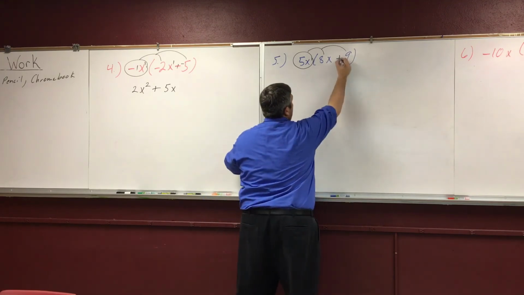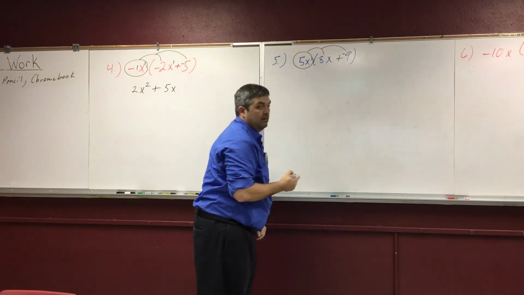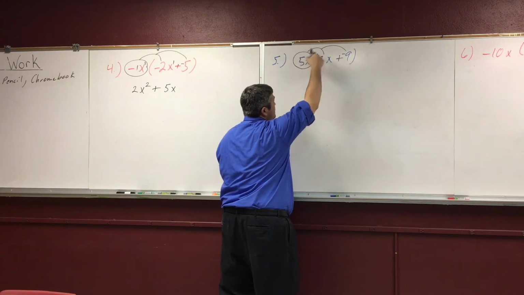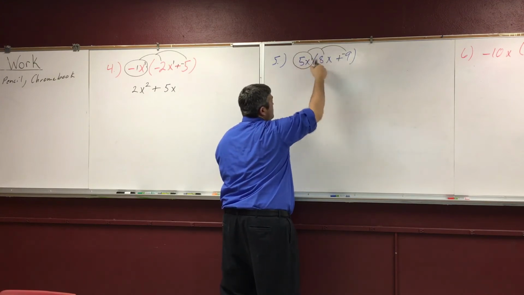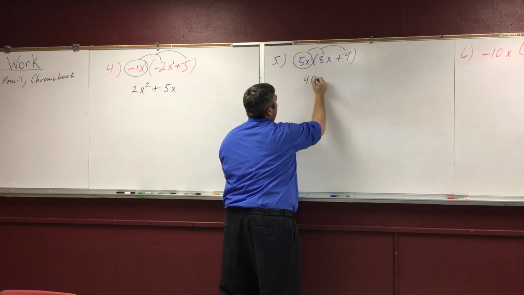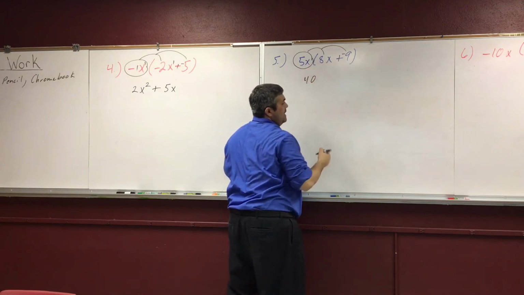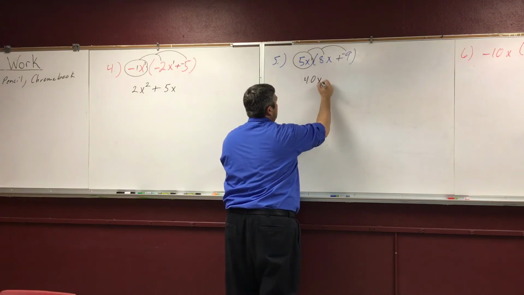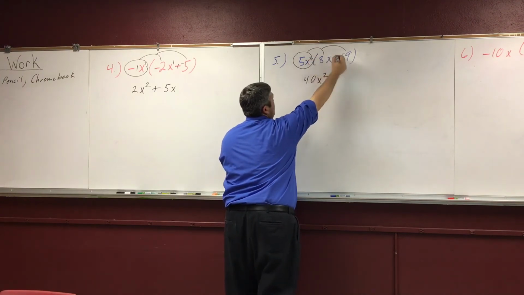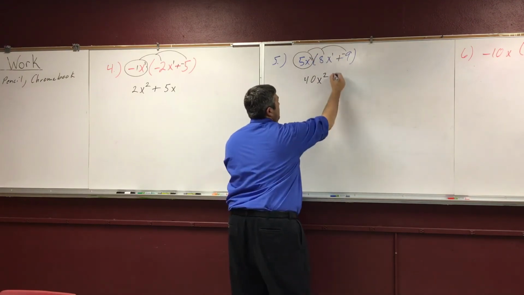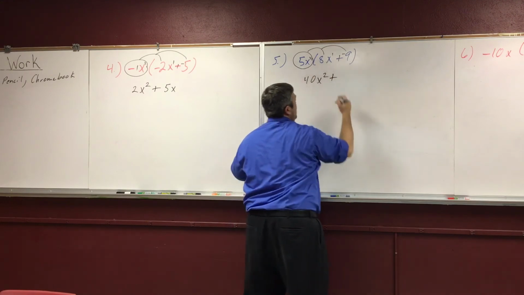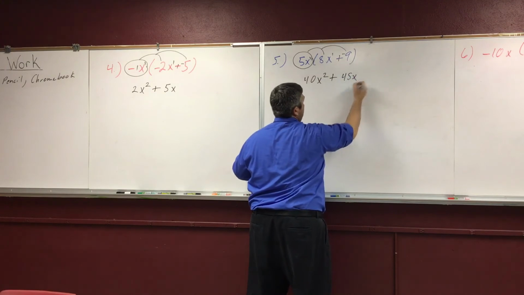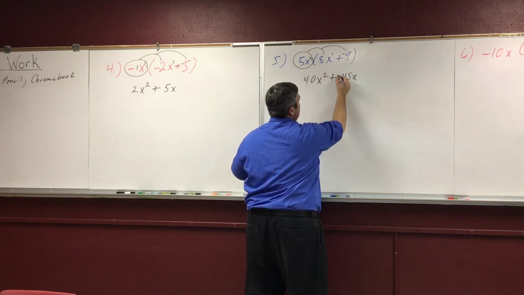Okay, so distribute through. 5x times 8x, 5 times 8, 40x times x, product of power rule, x to the second power. Each one of those has an exponent of 1. Plus 5 times 9, 45, still have my x, and positive times the negative gets me a negative.